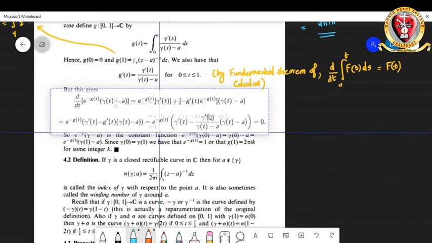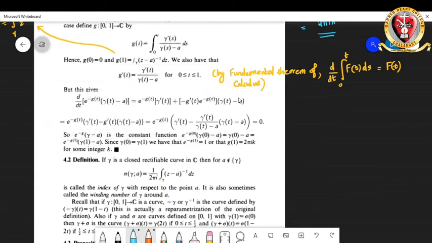Yes, this gives that d by dt of e raised to minus g of t into gamma of t minus a, applying the product rule, you get e raised to minus g of t into gamma dash of t plus minus g dash of t into e raised to minus g of t into gamma of t minus a. Then take e raised to minus g of t out and arrange the terms inside to get this.